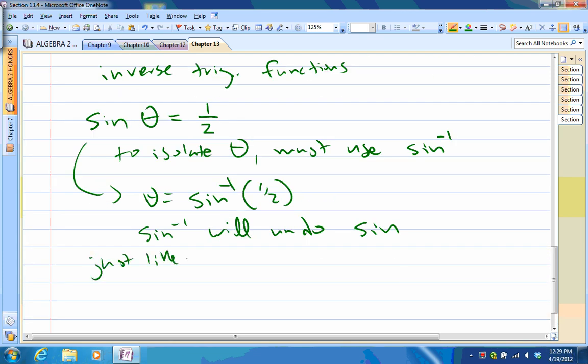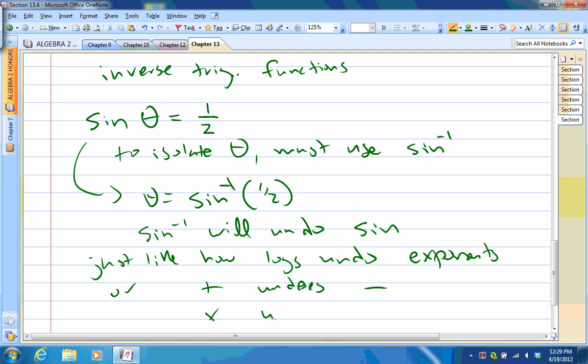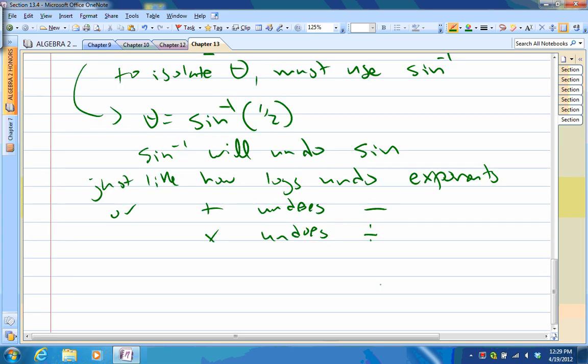Just like how logs undo exponents, or plus undoes minus signs, or multiplication undoes division, or how square root undoes something squared.